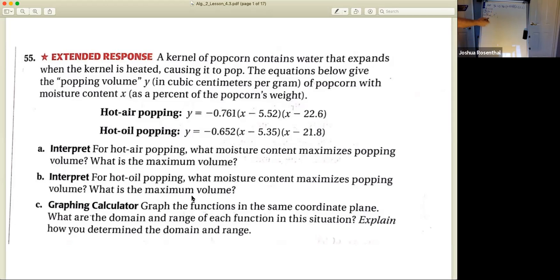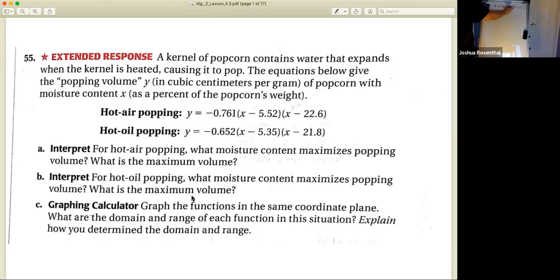That is the X coordinate of the vertex. That gives me the water content as a percent of the popcorn's weight. But the question is, what is that maximum value? Oh, it wanted to know the moisture content. What moisture content maximizes popping volume? 14.06. Okay, and then we plug that in.